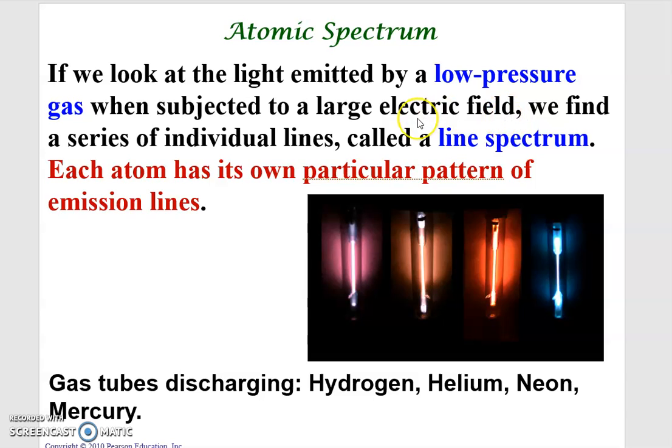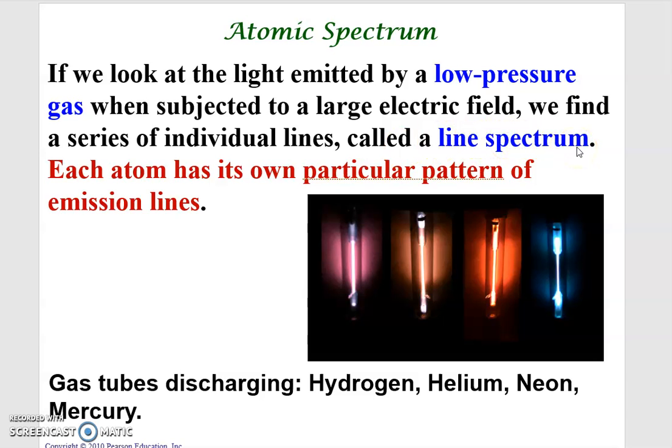The electric field provides energy to the electrons orbiting around the nucleus. And they found that, depending on the electric field imposed and on what kind of gas you use, they will produce a series of lines, and these lines are separate from each other. It is not continuous. It is discrete. This is the so-called line spectrum.